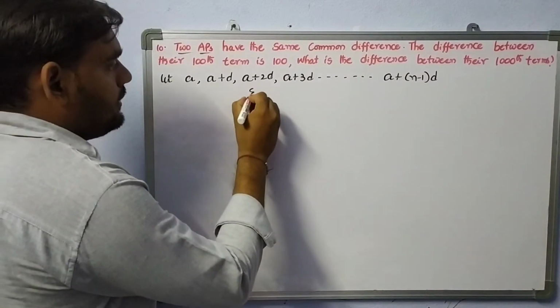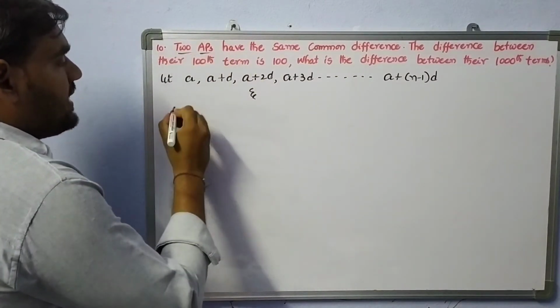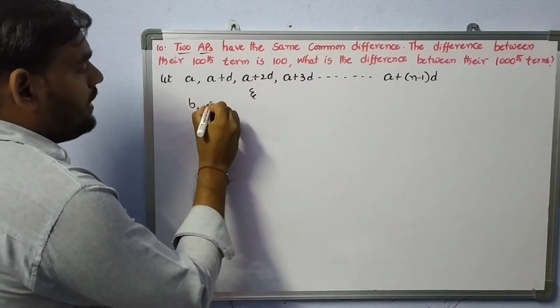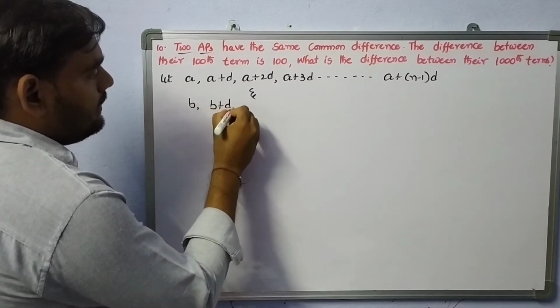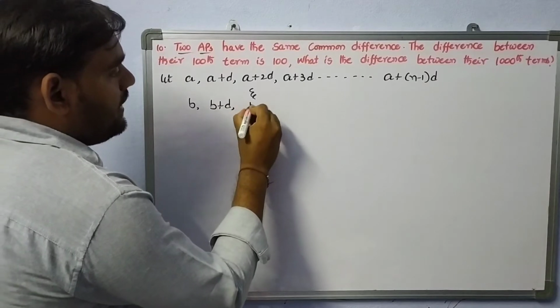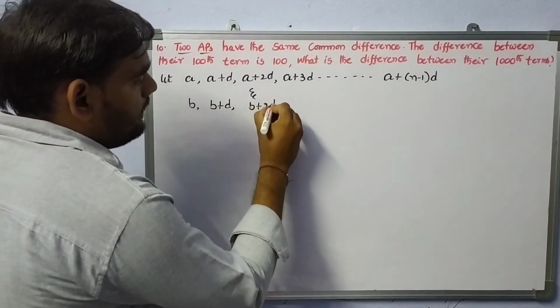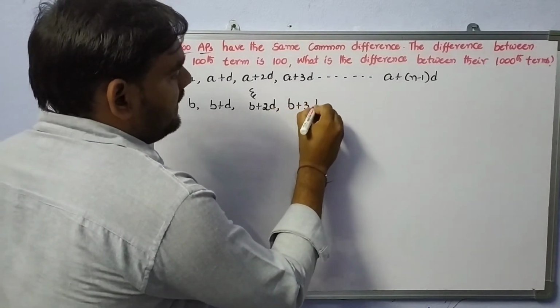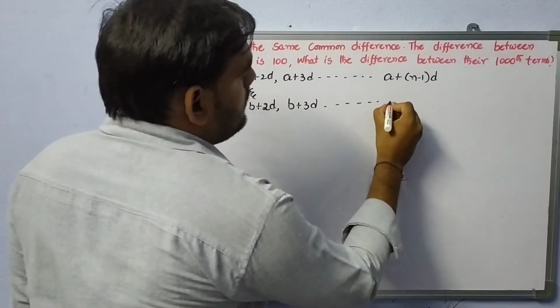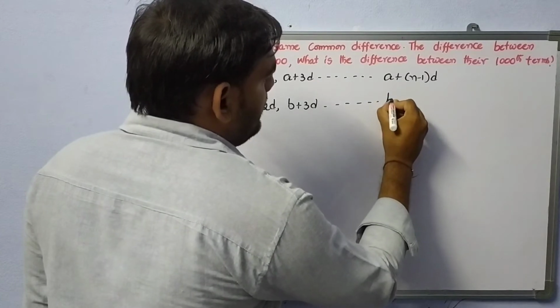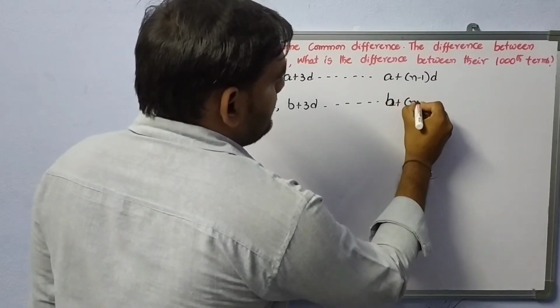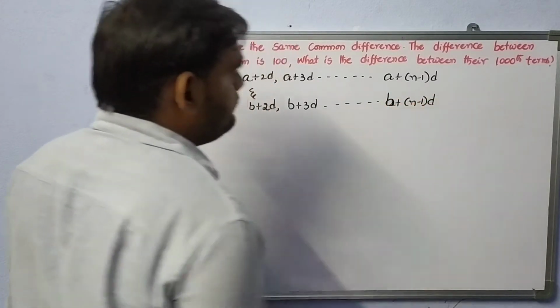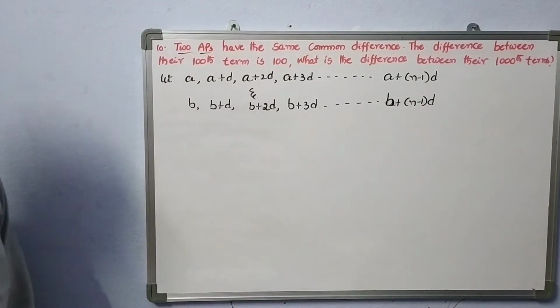The next arithmetic progression is b, b plus d, b plus 2d, b plus 3d and so on, and its nth term is b plus (n minus 1) into d.